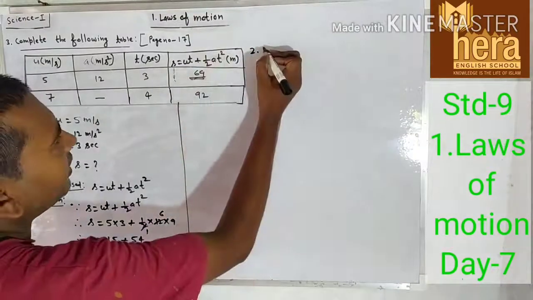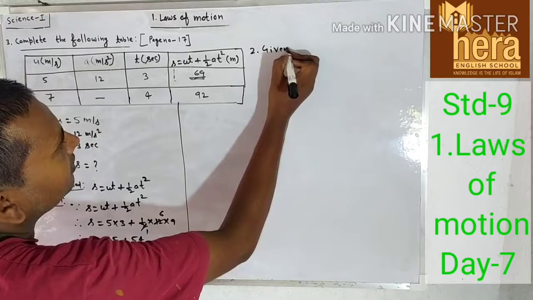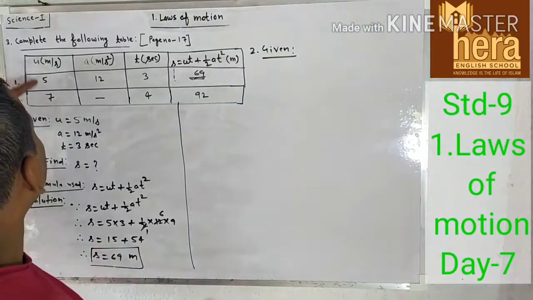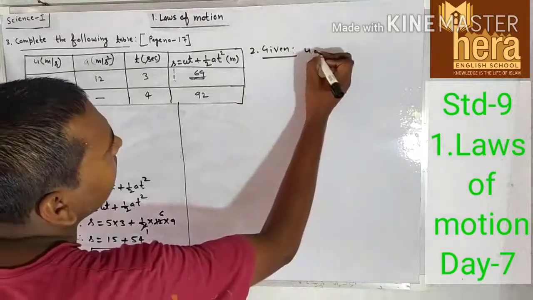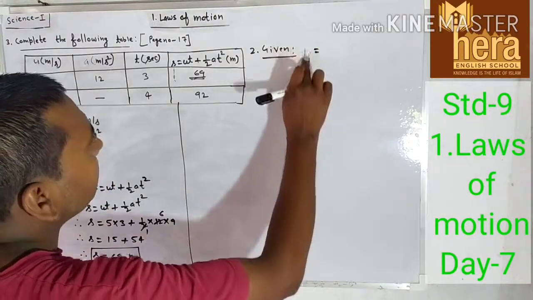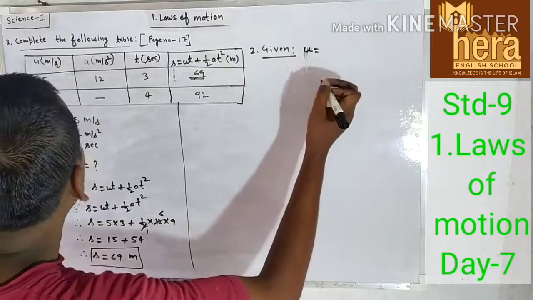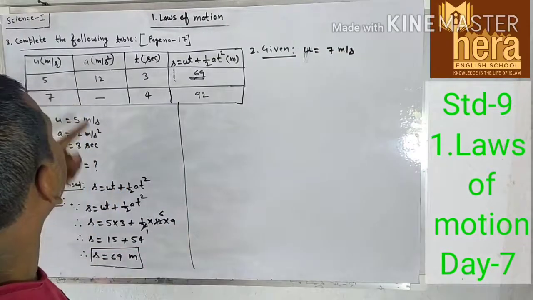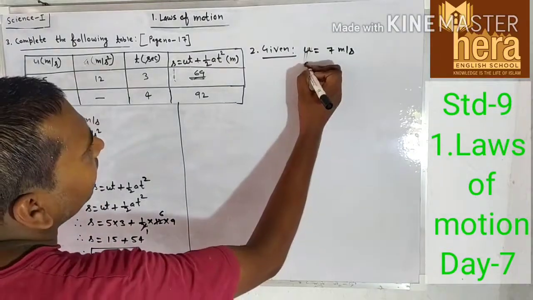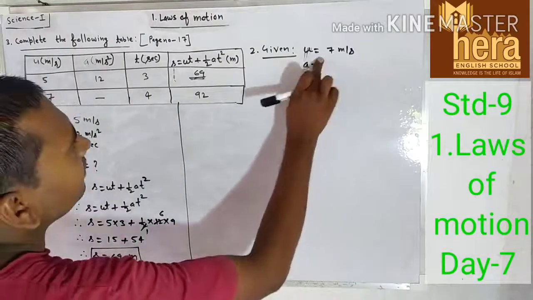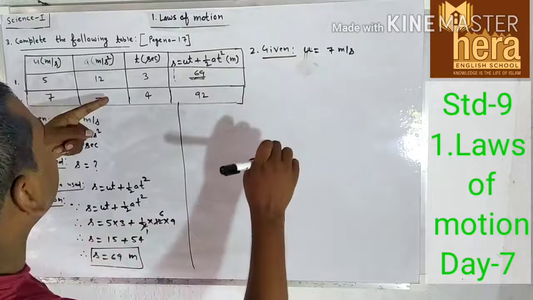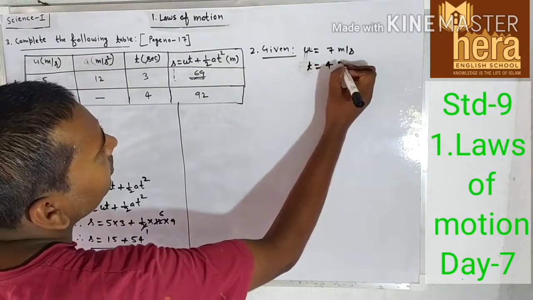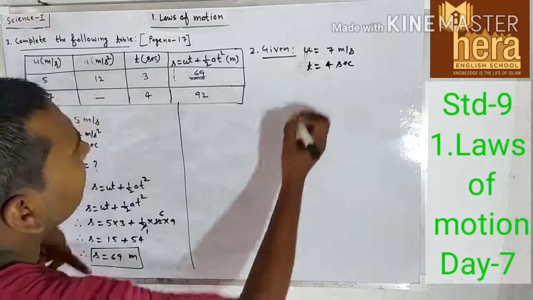Second, again given U is equal to 7 meter per second. A is not given. T is equal to 4 second.